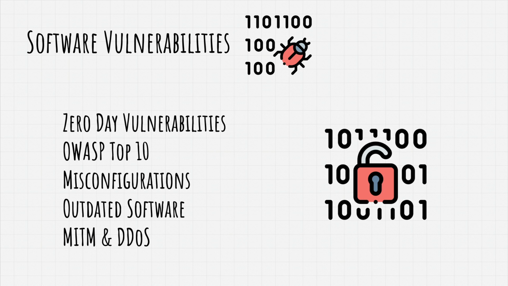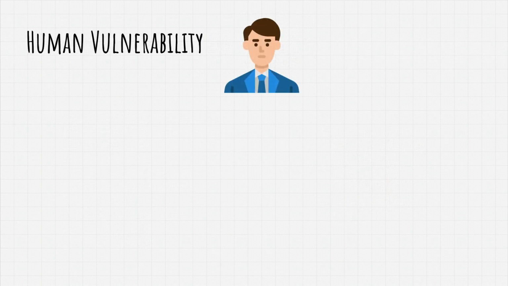Okay, but these are actually lesser common vulnerabilities that get exploited out in the open. The more common set of vulnerabilities is something I like to call human vulnerabilities. This is the number one problem on the internet, since most people aren't educated enough to know what they should and shouldn't do on the internet.